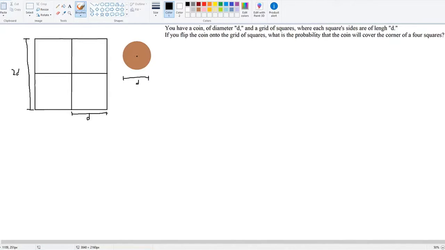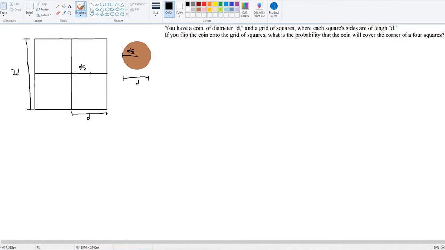If you look at this circle, it's got a radius of d over 2, and that means that if the center here is anything less than d over 2 units away from the center point, then the coin will cover the center point, because the side of the coin will reach past it, because that's what the radius is.